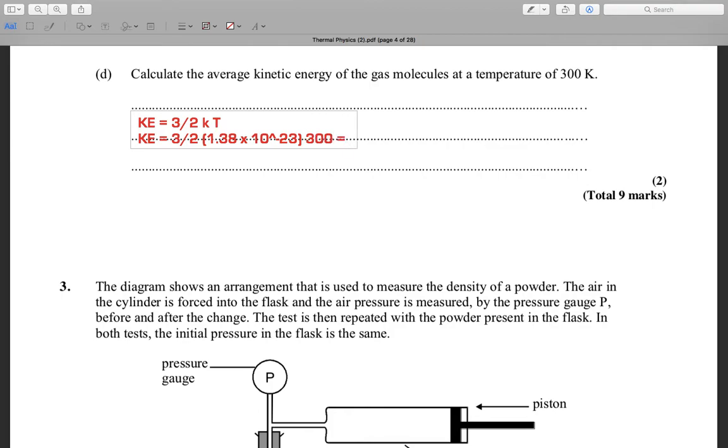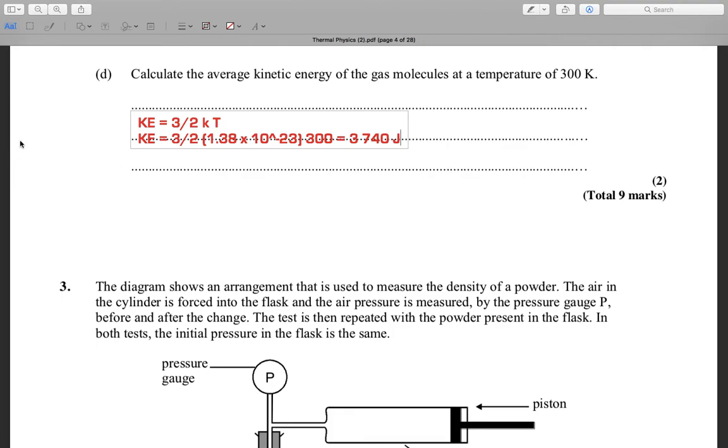So after we calculate, it is around 6.21 times 10 power minus 21 joules.